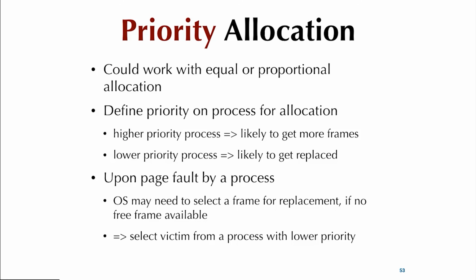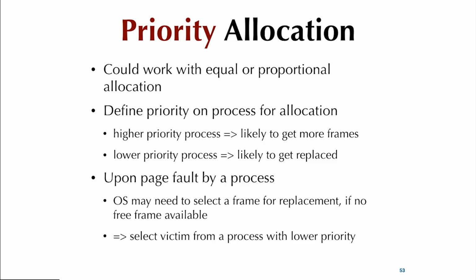Now, priority allocation says, well, I want to define some priority so that certain processes with higher priorities will have an easier time, or are likely to get more frames, while those with lower priority are likely to lose frames or get replaced, right?